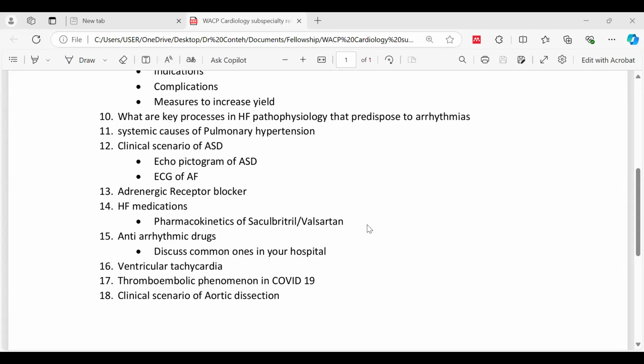Okay, good evening. Good evening, Professor. Good evening, class and mass. So I'll be taking question 13, adrenergic receptor blockers. Adrenergic receptor blockers are also known as adrenergic receptor antagonists.